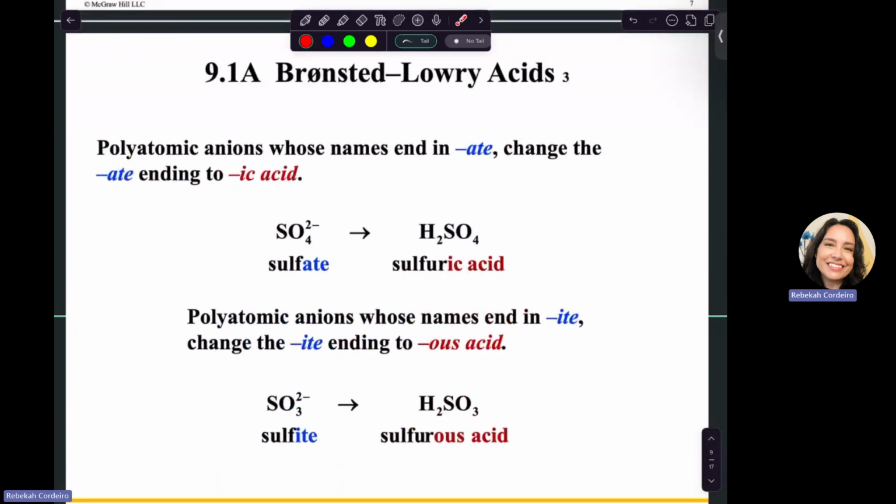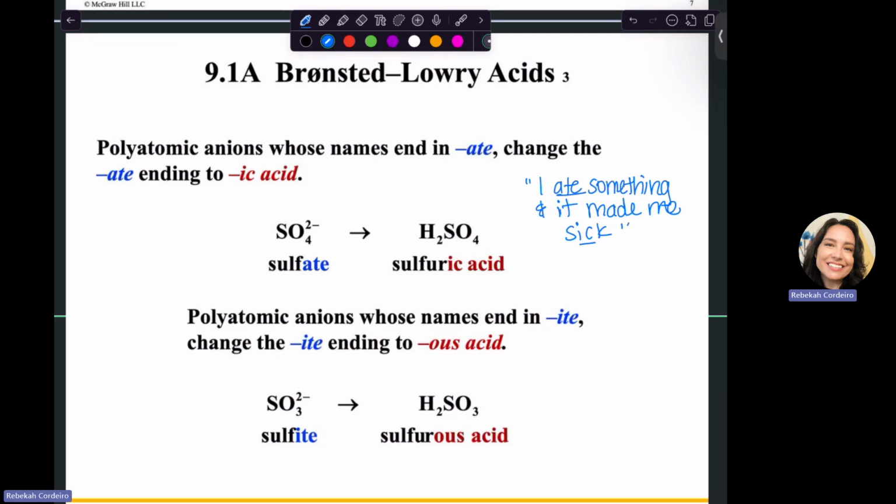If that anion is sulfate, it makes sulfuric acid, so ate goes with ic. I remember this one by saying I ate something and it made me sick.